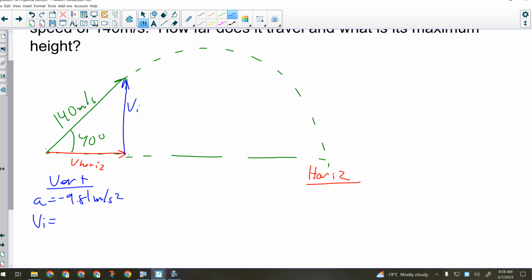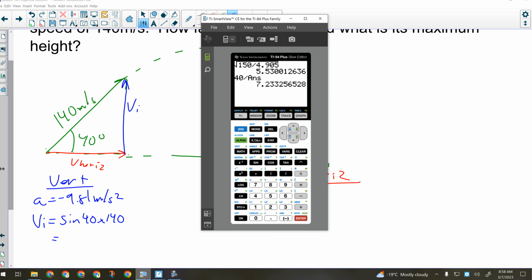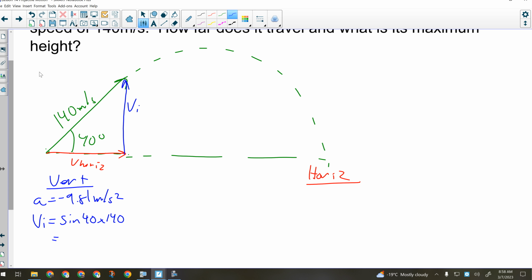So if I want to find VI, it's the opposite side, so I'll be using the sine of 40 times 140. Sine of 40 times 140 is going to give me 89.99 meters per second, and that will be up.